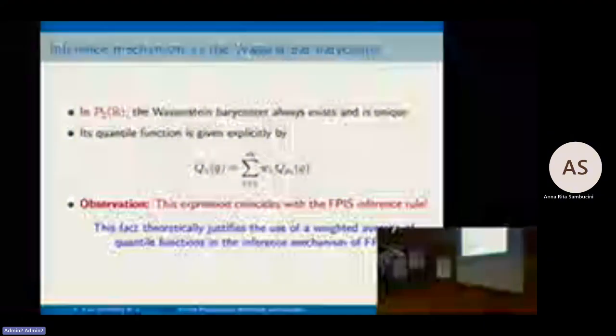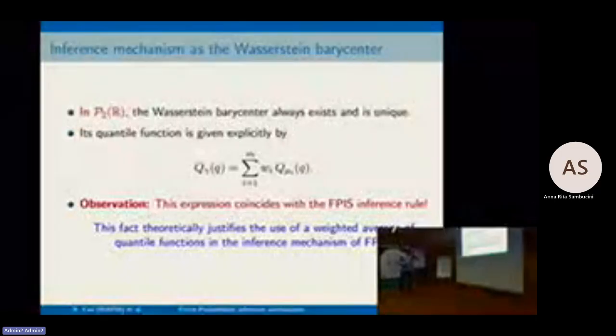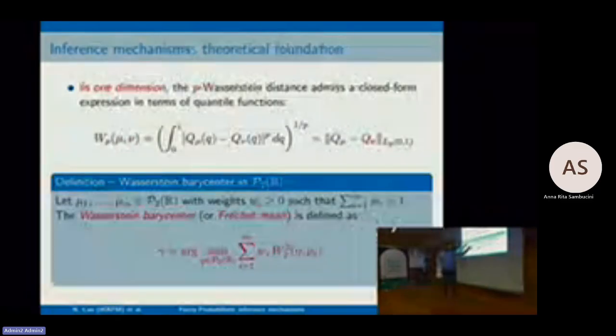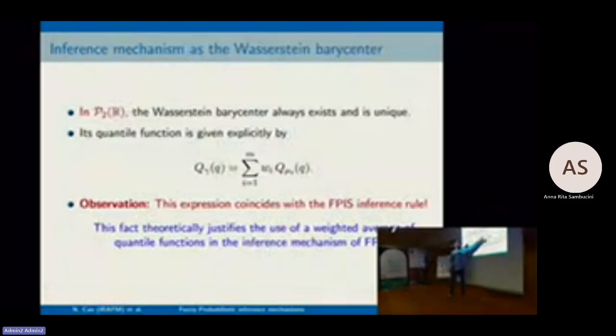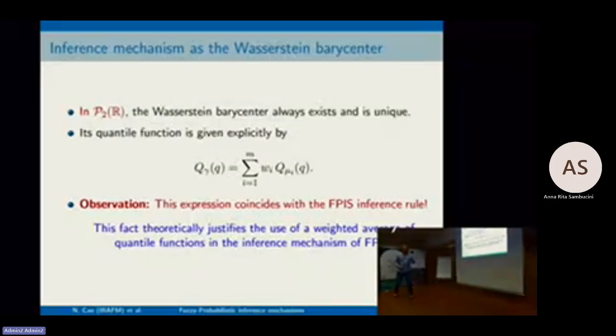And what is nice is that this measure can be found using quantile functions, exactly as linear combinations of quantile functions. So the gamma described here can be found using the weighted average of quantile functions for probability measures mi. Yeah, because of the square.